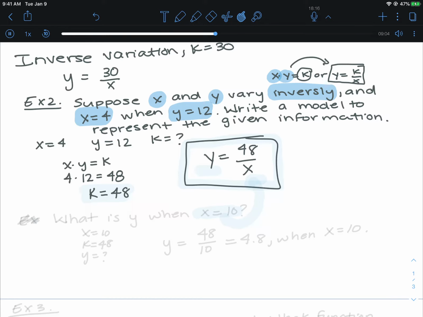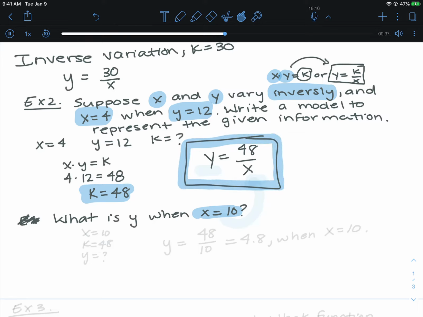Now, let's say I give you another question related to example number 2. My question is, what is y when x equals 10? Well, we were given x, so that's good. Not only that, but we know what k is as well, and we have this equation right here.